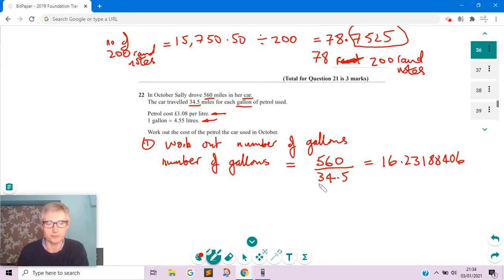It's a good idea not to round up until you get to the end of the question. So that's the number of gallons that we're going to require in the month of October.